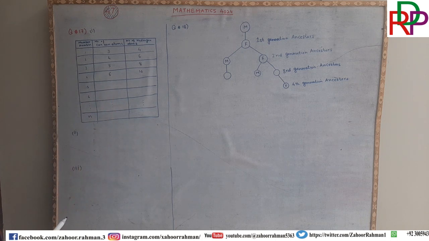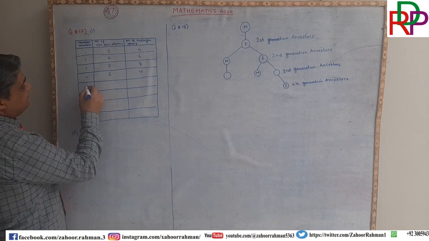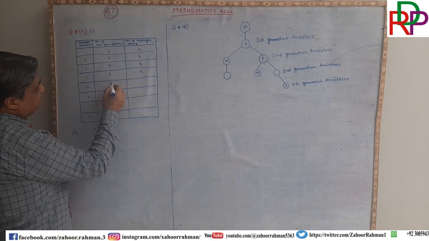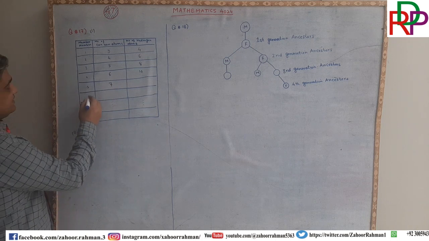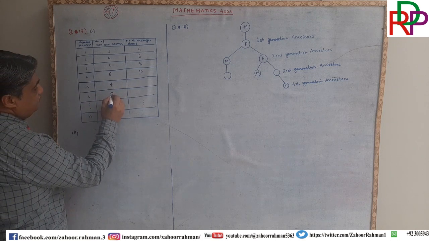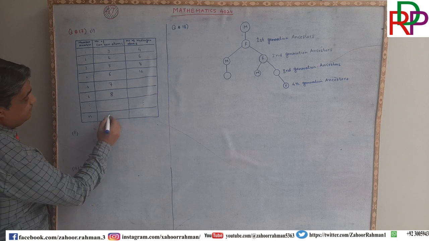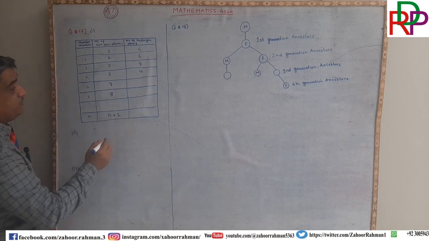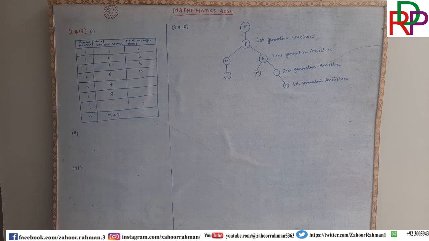What is the difference? 2. So 5 and the difference of 2 will be 7. 6 and the difference of 2 will be 8. The general formula will be n plus 2. We have to keep the sequence given and we have to complete this table.